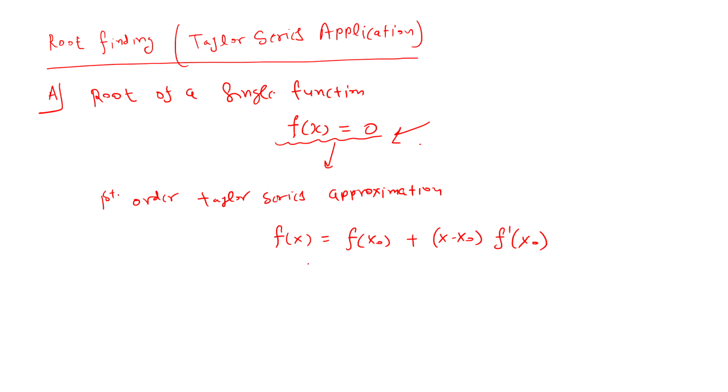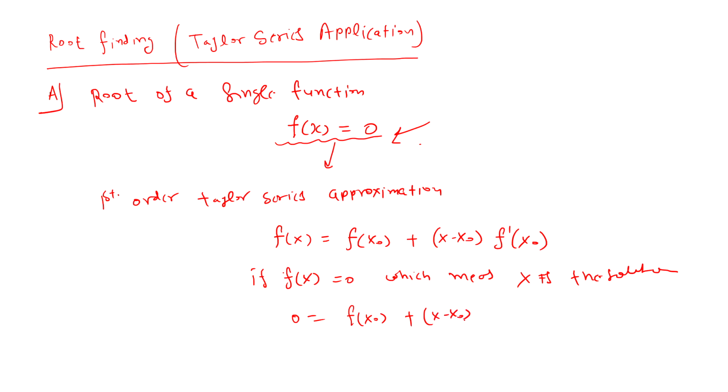So suppose f of x is equal to 0, which means x is the solution, then 0 is equal to f of x naught plus x minus x naught times f prime x naught.